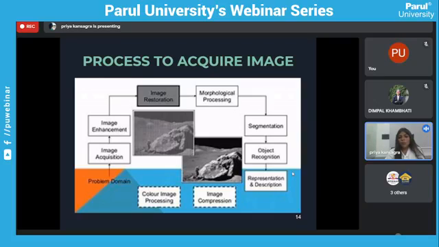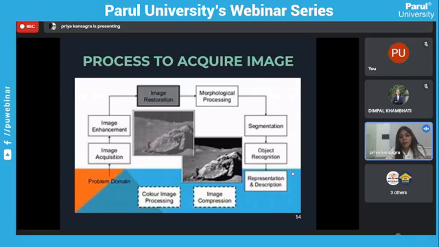This is the flow by which we can get a clear, true image. Especially in medicine, images like MRI, CT scan, and PET are very complicated. By looking, we can't say where the tumor is, where the problem is. So we need this certain type of process, this flow, to detect it.